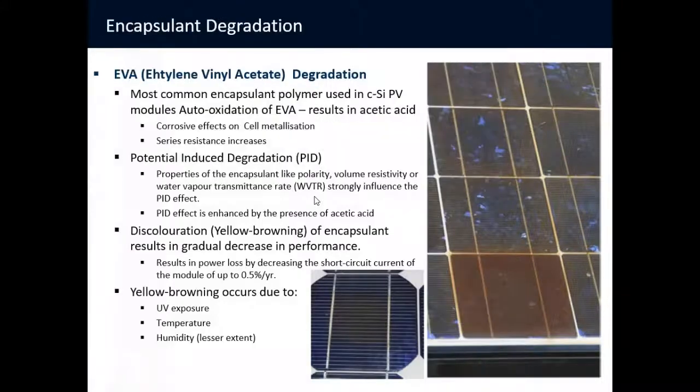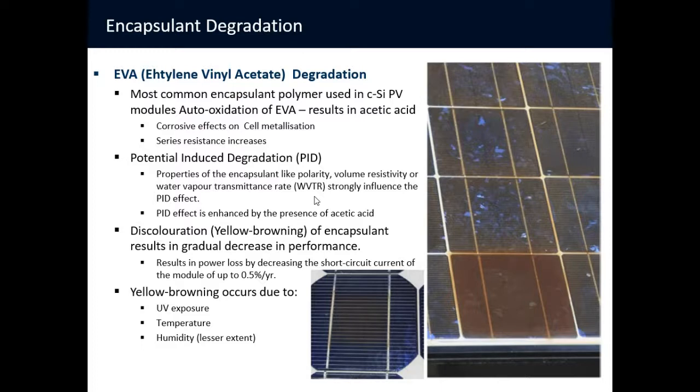So to move into some of the degradation that one can see in PV modules, the first one we'll look at is encapsulation degradation. This is where the EVA, which is the encapsulant that surrounds the cells in the module, starts to degrade, and it results in the buildup of acetic acid, which results in increased series resistance, and also contributes to the formation of PID, which is potential induced degradation.